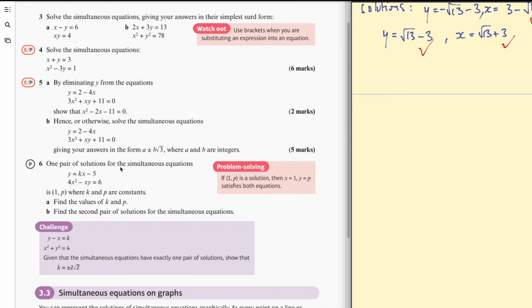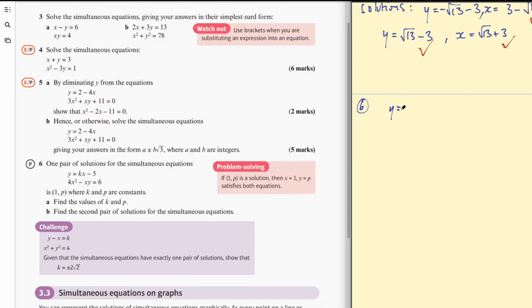Question 6 says one pair of solutions for the simultaneous equations is 1, p, where k and p are constants. Find the values of k and p. Find the second pair of solutions for the simultaneous equations. Alright, so let's have a go at 6 and the challenge, and then that will be it. Okay, question 6.